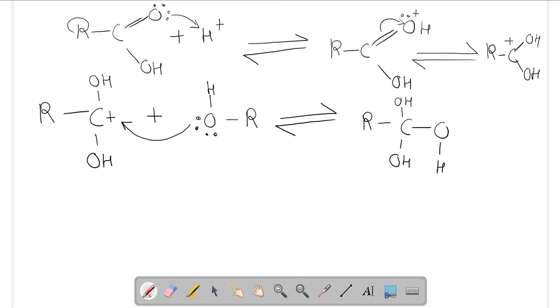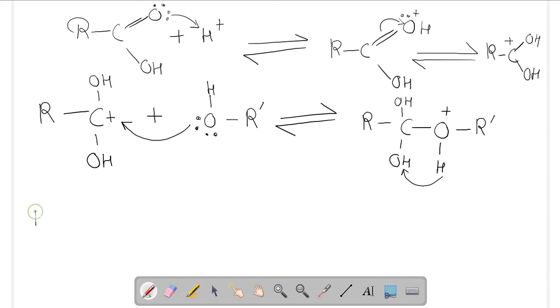Here also the lone pair has been donated to carbon, so due to this reason the oxygen will obtain a positive charge, and the formation of a tetrahedral intermediate or an adduct compound will take place. Now from this intermediate a proton shift will occur, and the formation of water will take place, so the formation of a protonated compound takes place here.